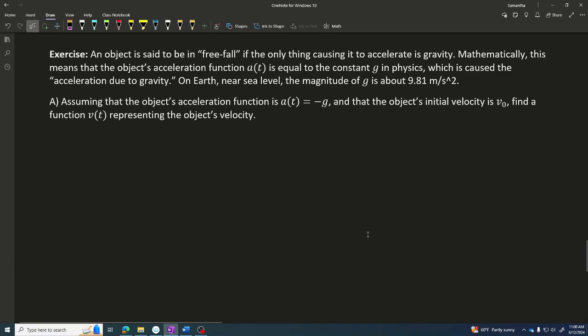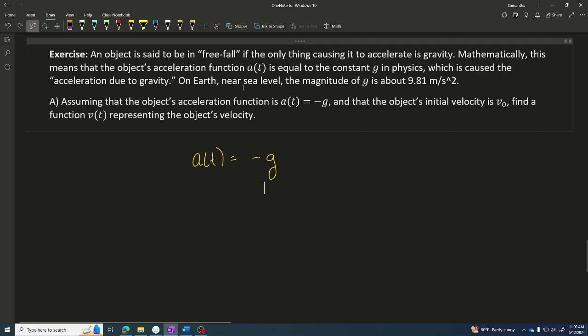We've just said that the object's acceleration is constant. The acceleration function, in other words, is given by this formula right here. Acceleration is equal to negative g, where g's specific value depends on what planet you're on and what elevation you're at. Thought exercise.